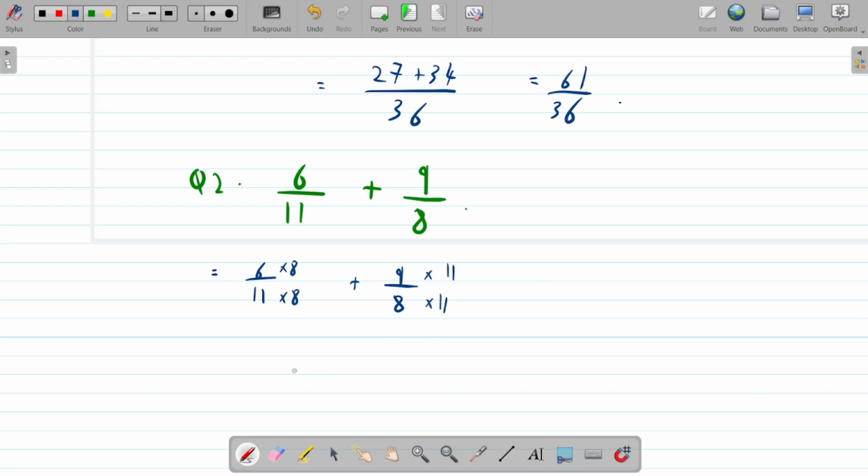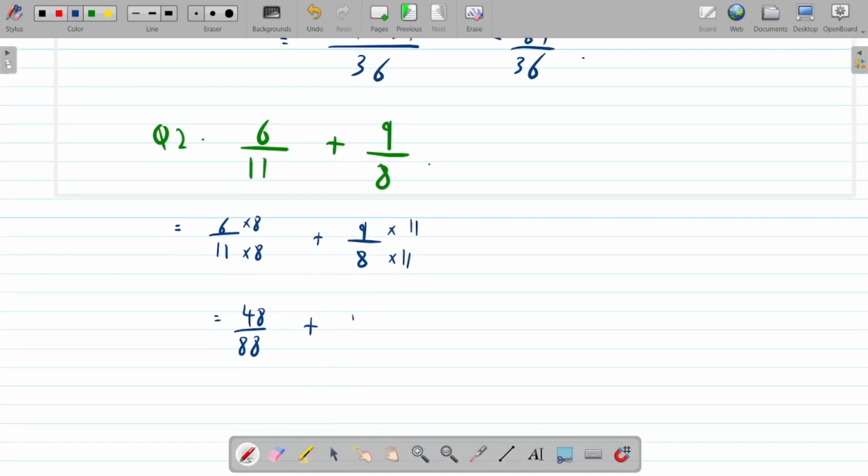Okay, and what do we get from that? 48. Okay, and then? Okay, and then what do we do? And divided by 88. Okay, correct. And what do we get at the top? 147 divided by 88. Yeah, correct.